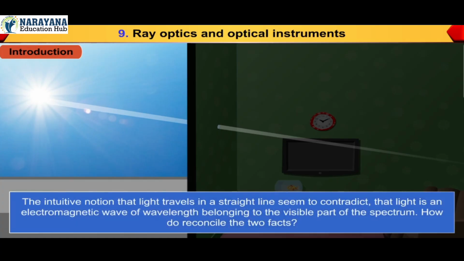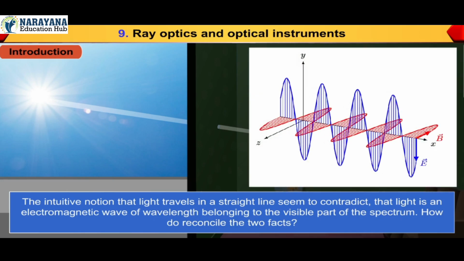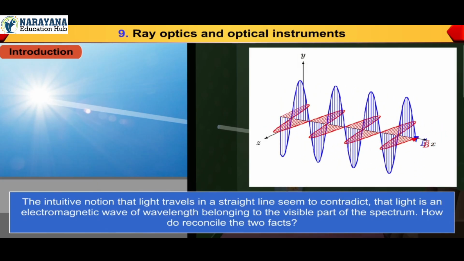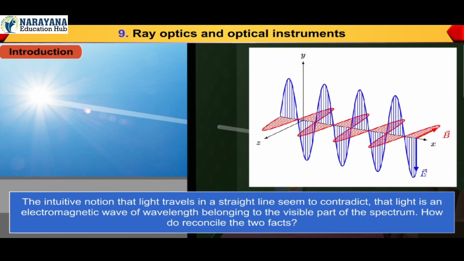The intuitive notion that light travels in a straight line seems to contradict that light is an electromagnetic wave of wavelength belonging to the visible part of the spectrum. How to reconcile the two facts?